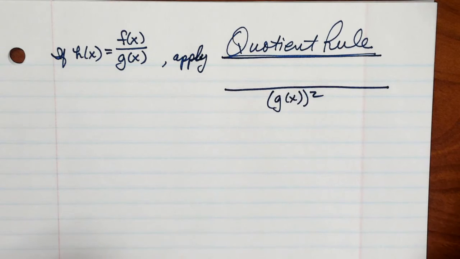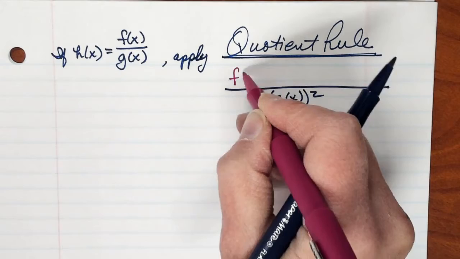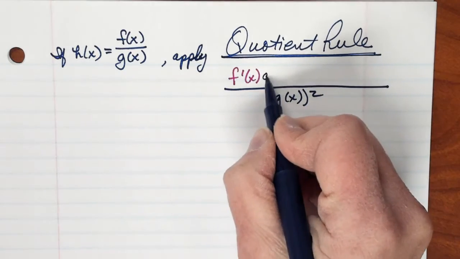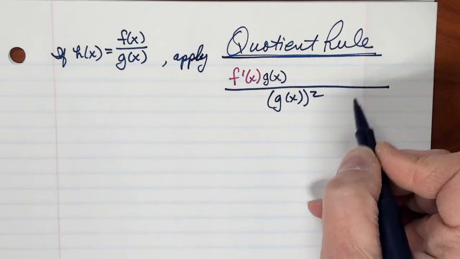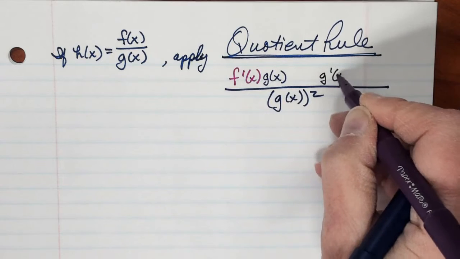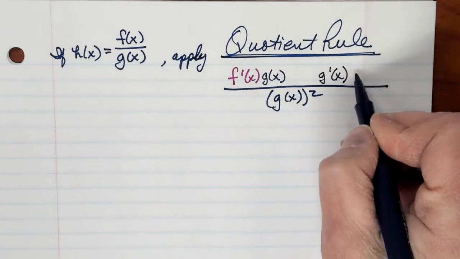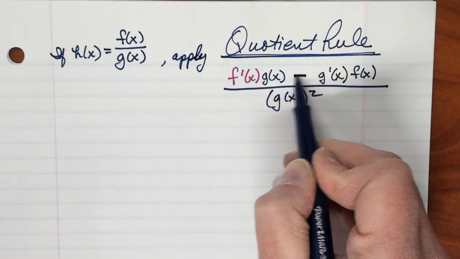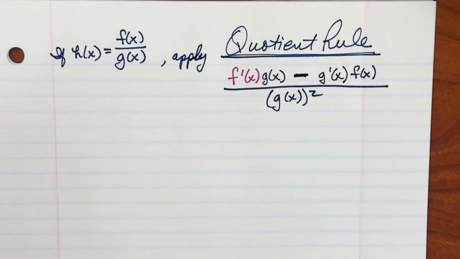Then the numerator looks very similar to our product rule. We're going to take the derivative of f, and we're going to have times function g. We're going to have the derivative of g, and we're going to multiply by the function of f. But here's the kicker. This one is subtracted, and that's different because the product rule is the sum.